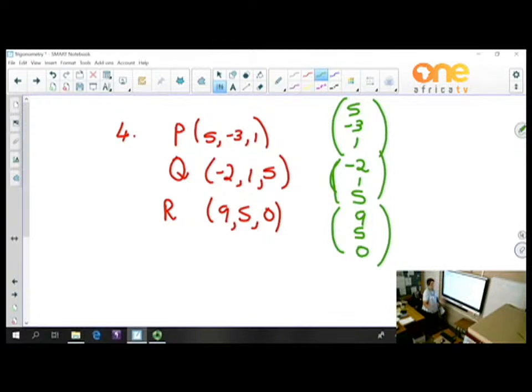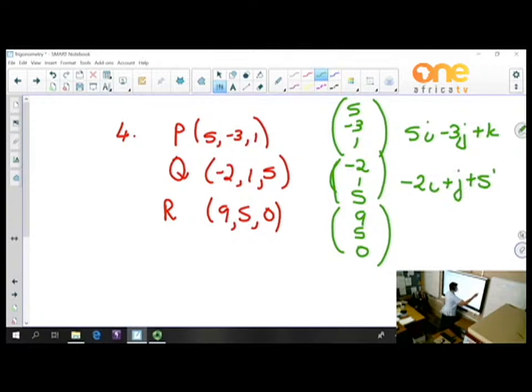I can also change it to base vectors. So this is 5i minus 3j plus k. And this is -2i plus j plus 5k. And this one is 9i plus 5j. There is no k. K is 0, so I can omit it. I don't need to write that down.